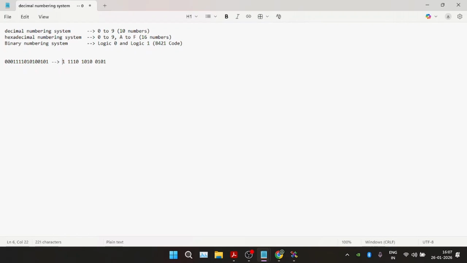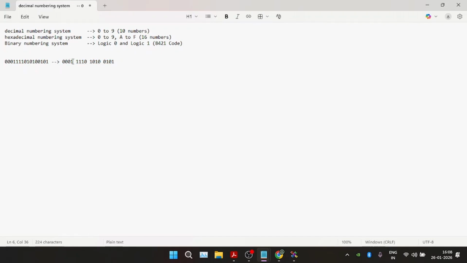You have to add three zeros in order to make it 16-bit data. If you're talking about 8-bit or 4-bit or 2-bit, the values will change. Here I've taken a 16-bit number because the information that a processor like the 8086 can access is 16-bit.